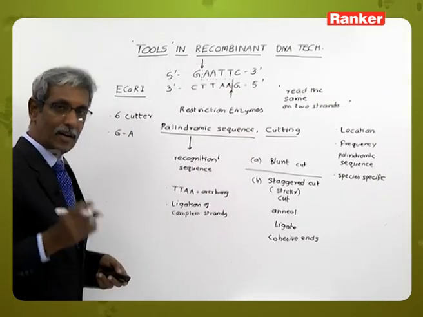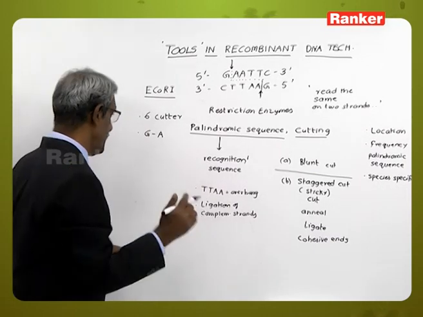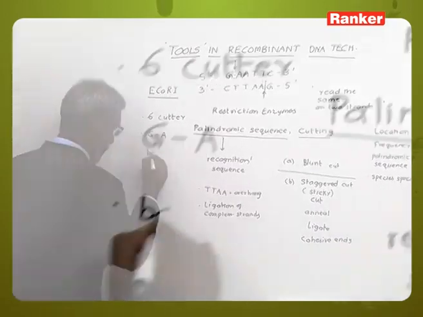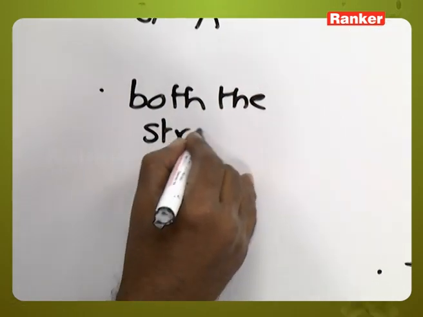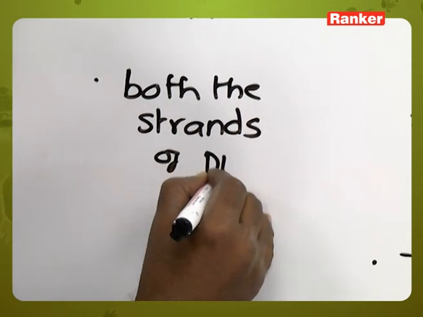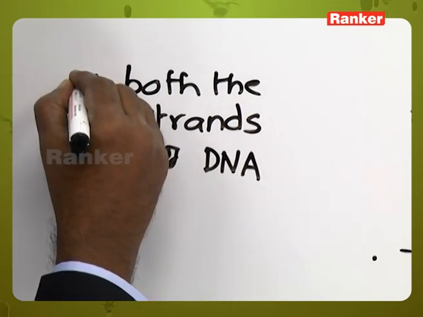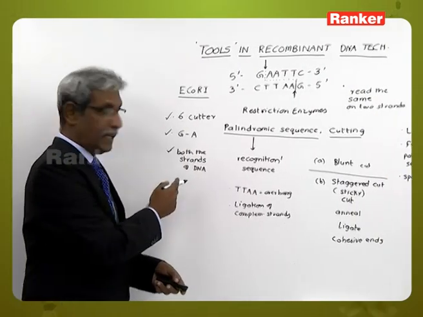So we understand that restriction enzymes cut both the strands of the DNA.